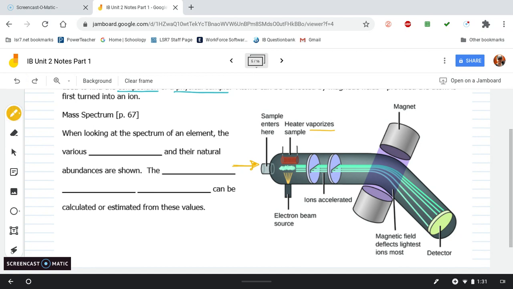So you can see here, this one is the lightest because it got pushed the most, and this is the heaviest one because it got pushed the least. Then they come down here and hit the detector, and by doing that, they create some data.